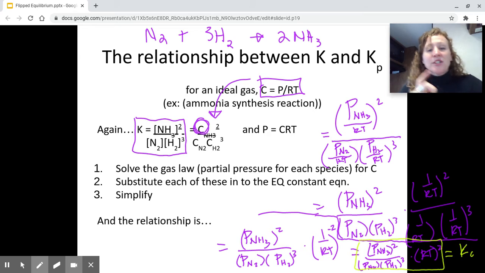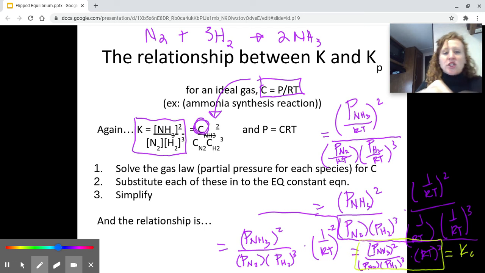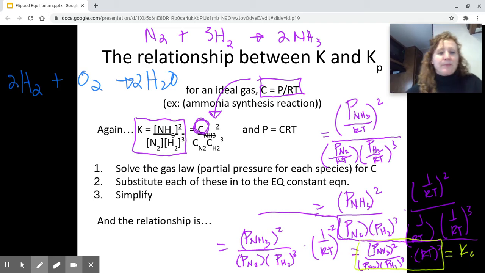Now here's my next question to you. Will this relationship always be the same? If I give you a different reaction, let's say hydrogen reacting with oxygen to form water, let's go ahead and balance it. Okay, different reaction.